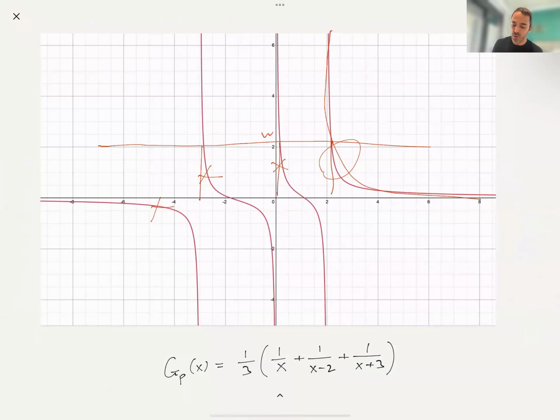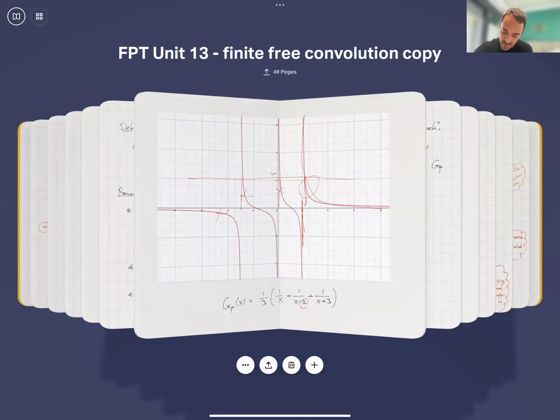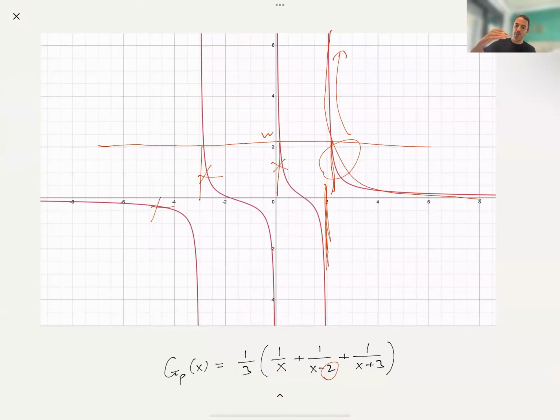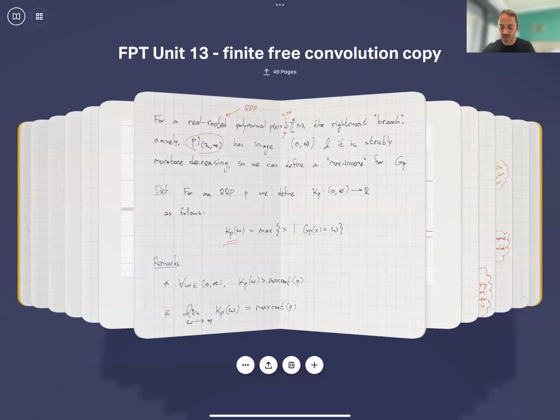For any W that I choose, I get a value, and it's always larger than, in this case, 2, which is the max root of P. And as W goes to infinity, you get closer and closer to this last pole, which is 2. So the limit as W goes to infinity of the max inverse, or the K transform, is exactly the max root. Okay, so I think that was the recap.